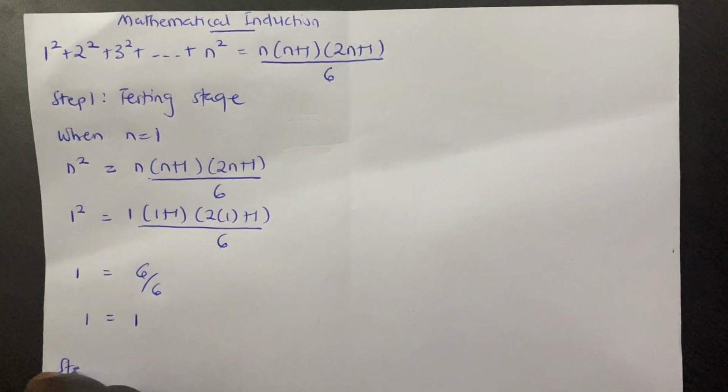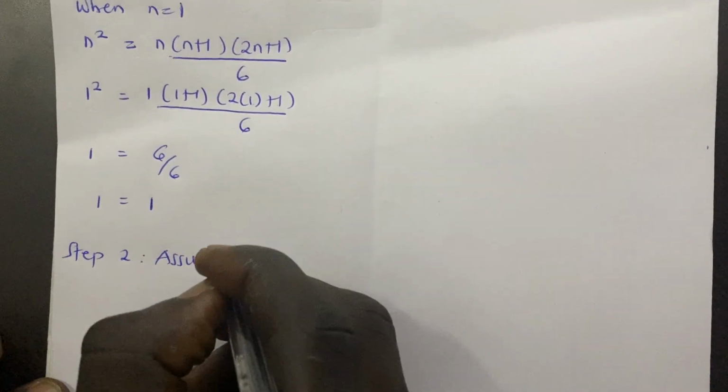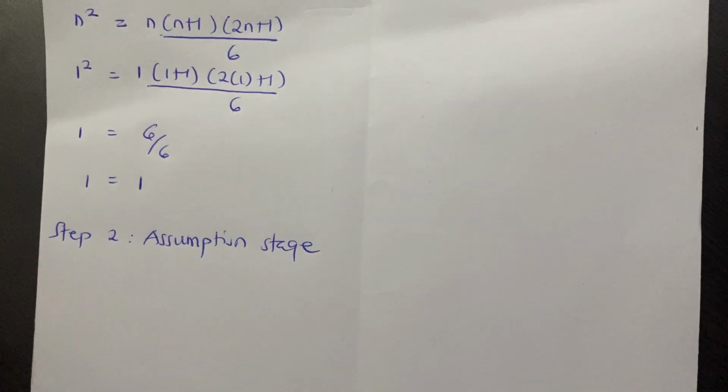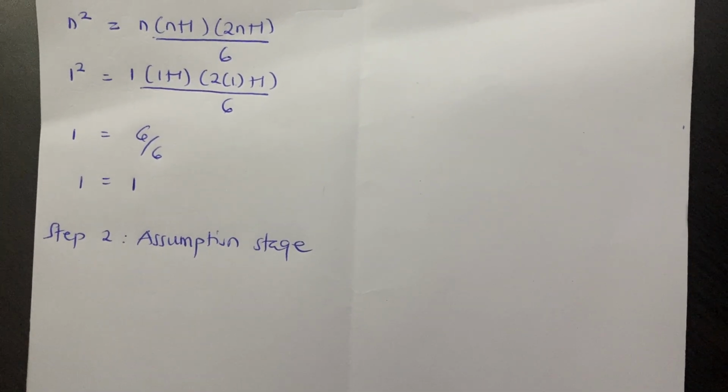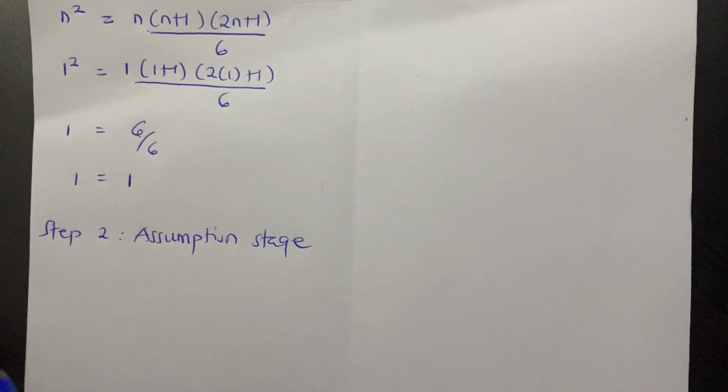Step 2. I call it the assumption stage. So in this stage, you are just not going to do anything. We are just assuming that something is true for whatever we are solving. So we are going to represent our n by k.